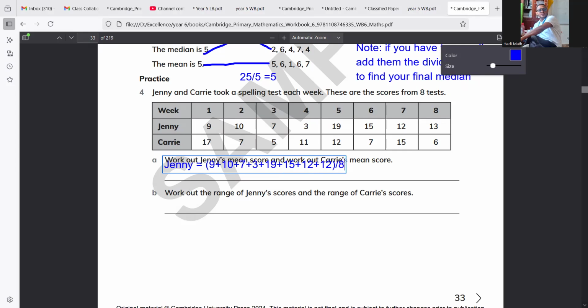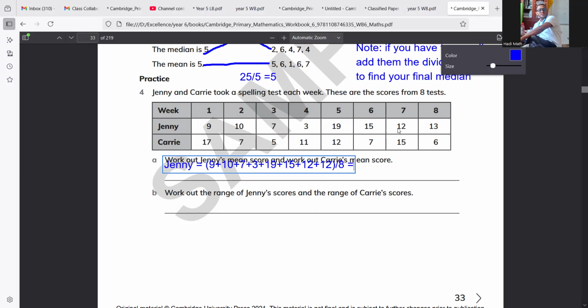You divide by 8. 9 plus 10 is 19. 19 plus 7 is 26. 26 plus 3 is 29. 29 plus 19 is 48. 48 plus 15 is 63. 63 plus 12 is 75.